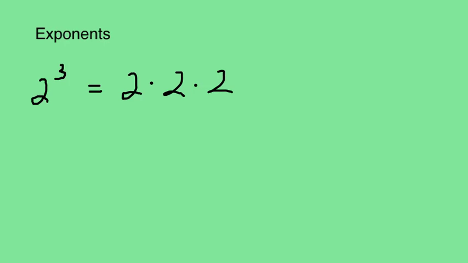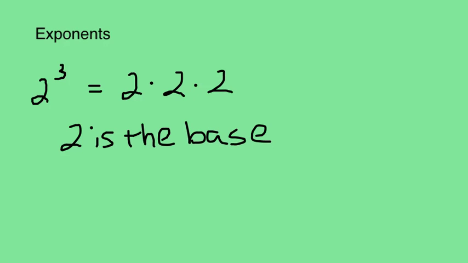It means 2 is the number to be multiplied by itself 3 times. 2 is the base. And the exponent, which is the little 3 to the right, tells us how many times the base will be multiplied by itself. So this would equal 8. So we would do exponents second.